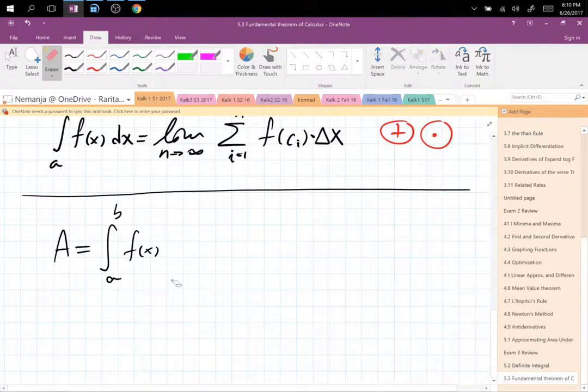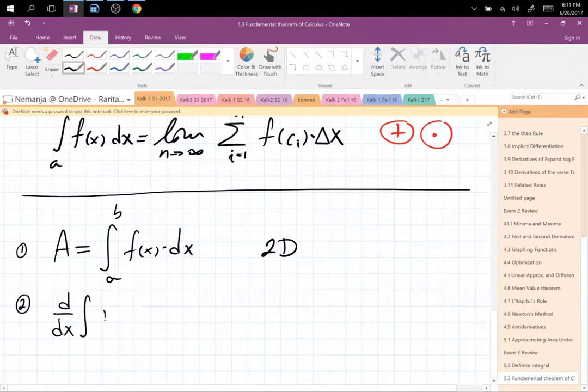since you are multiplying f of x times dx, you are getting area, which is 2D. So that's for part 1. And for part 2, when you have the derivative of the integral of f of t dt, the derivative and integral cancel, which effectively is killing the dt part, and you end up with f of x, which is 1D.